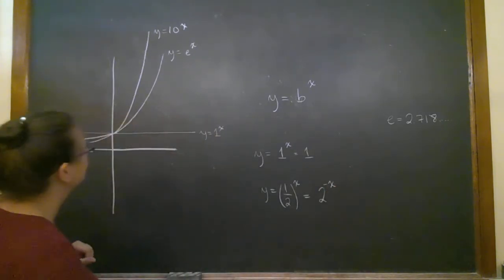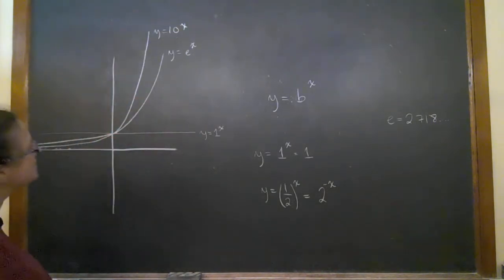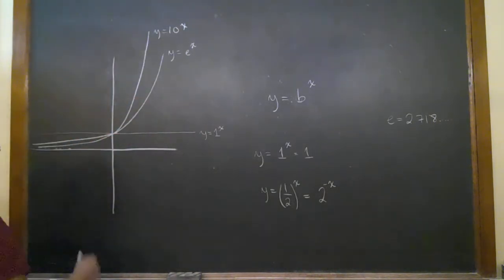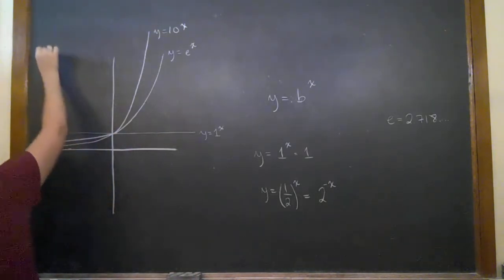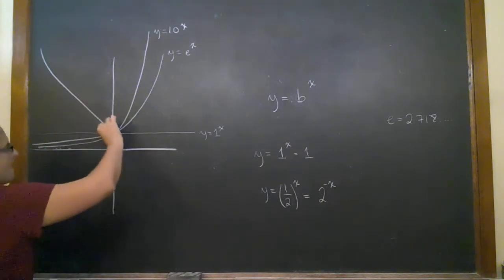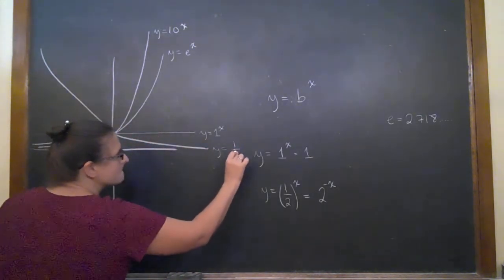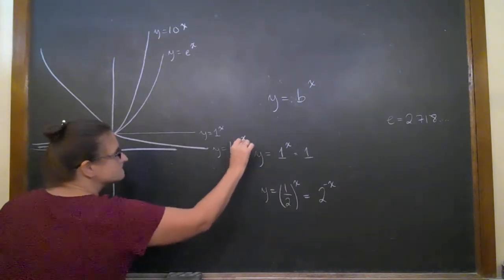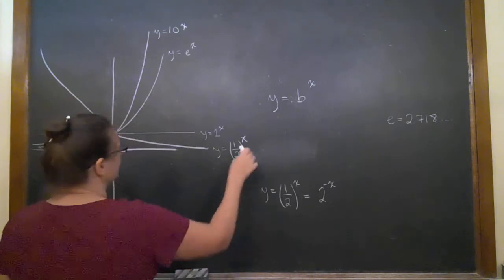So I could take my 2 to the x and just flip it over, and then that makes sense as well. So let me write that one here, which is 2 to the negative x.